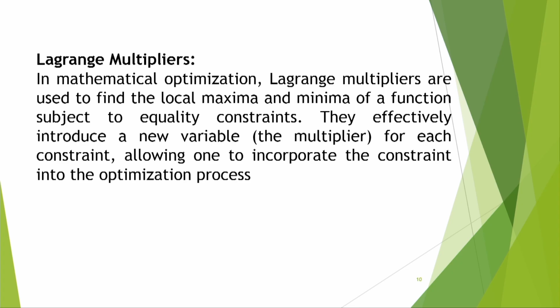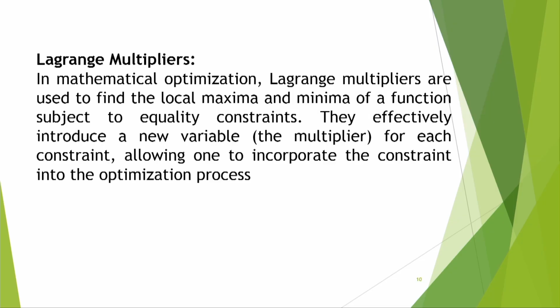In mathematical optimization, Lagrange multipliers are used to find the local maxima and minima of a function subject to equality constraints. So this is used only for equality constraints, but as you know, a linear programming problem may have many constraints and many of them are inequalities. But when we get a solution, usually 2 constraints or maybe 3 constraints will intersect at a point.